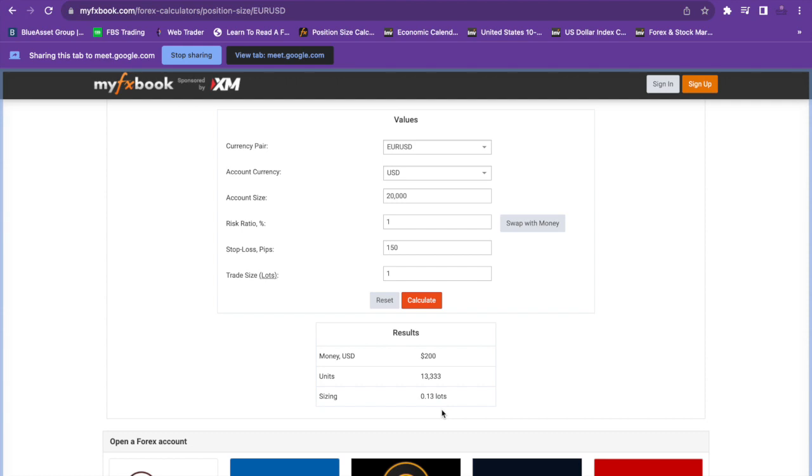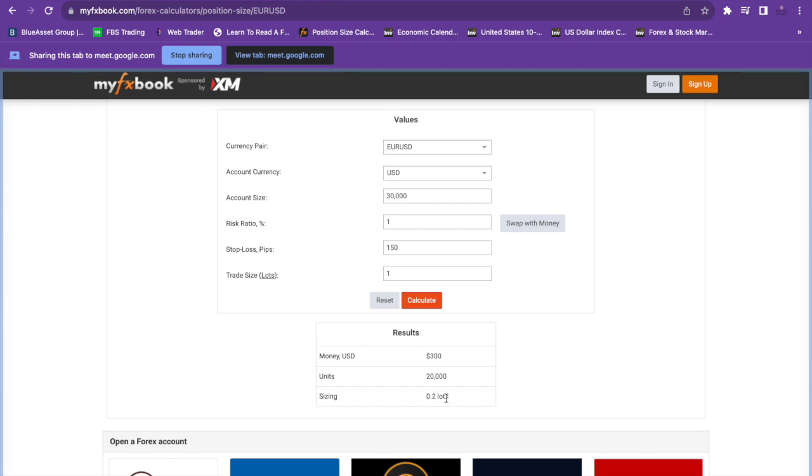Okay, so that's the new lot volume that you're going to be using on the next set of trades. And then once you get to $300, you put in the 30,000 cents, and then it says to you 0.2. So this is a great way for you to keep adjusting your lot volume, and you still get better results.